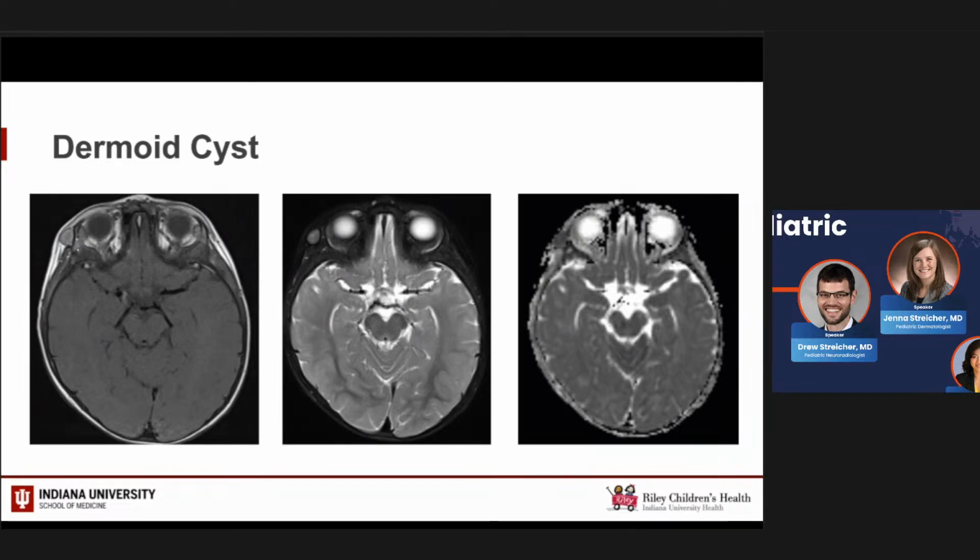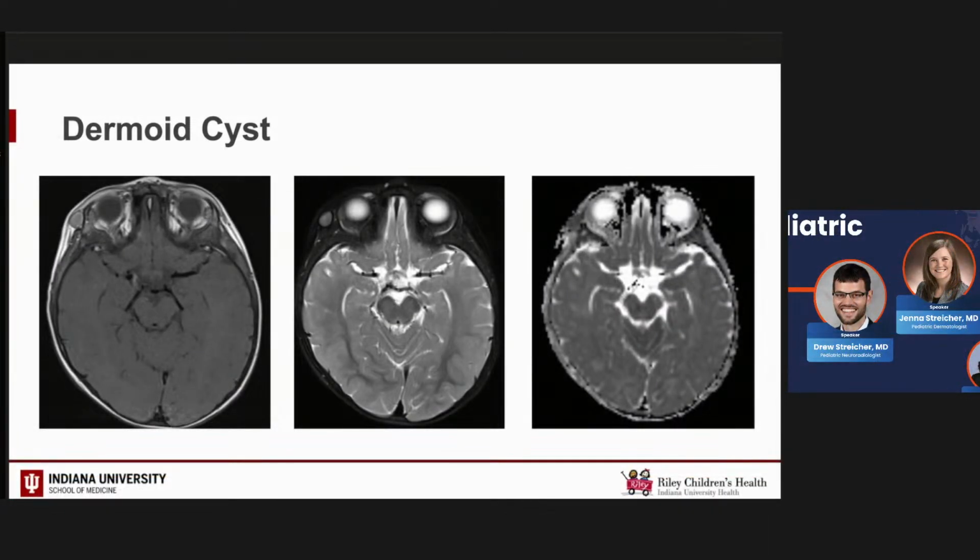And then on T2, it's also intermediate intensity. And then it looks more dark on the ADC, so I would think that it has some restricted diffusion. Right. Exactly.